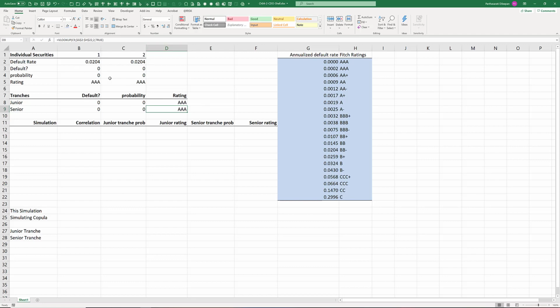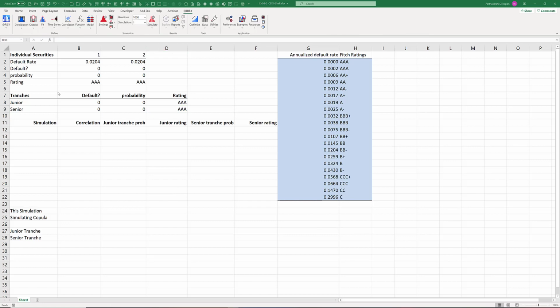We'll now simulate this, and then we will set up case 2, where the default of the two assets are not assumed to be independent, but they are correlated, with non-linear correlation, which means we'll be using copula. All right, let's simulate this model.